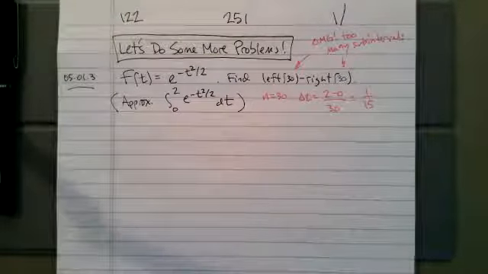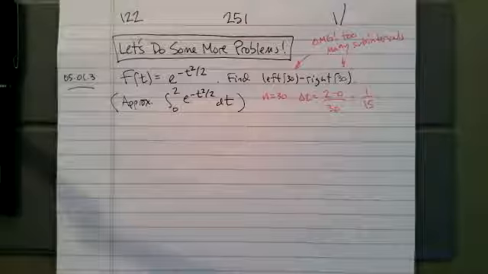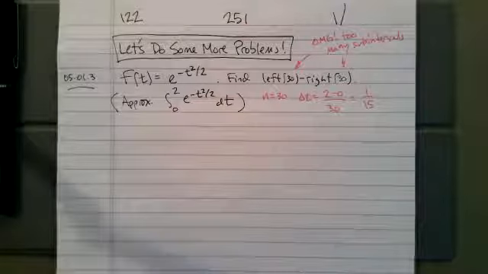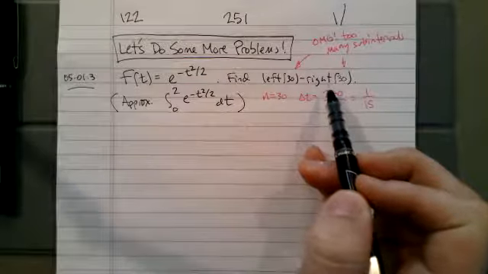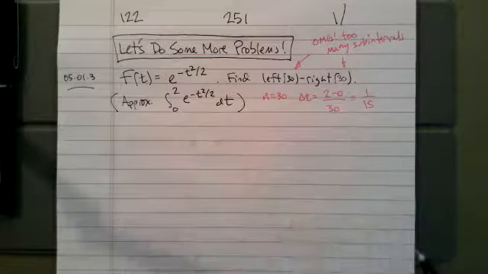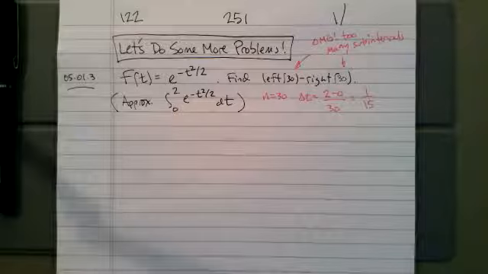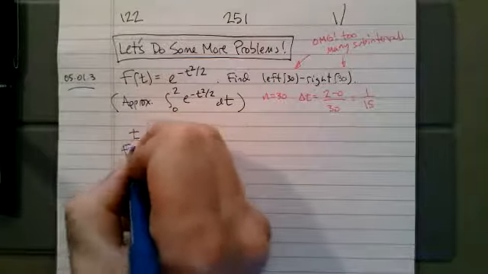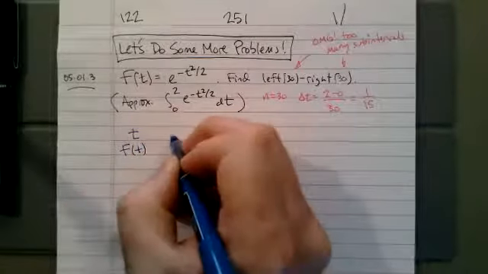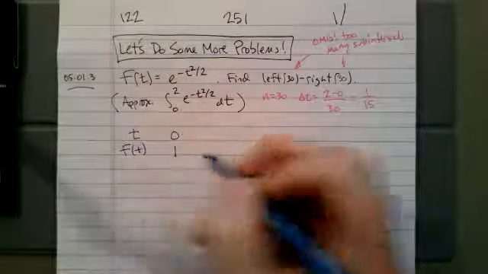If we think about a table of values, all that matters is what's going to be first and what's going to be last. All the stuff that the left and right approximations have in common will cancel out. So if we imagine a table of values with t and f of t, we start off with 0 and e to the 0 is 1.